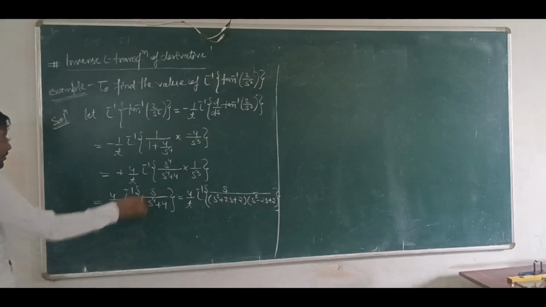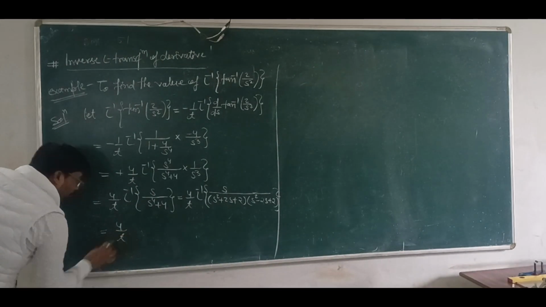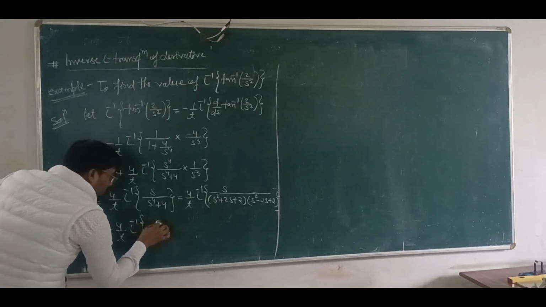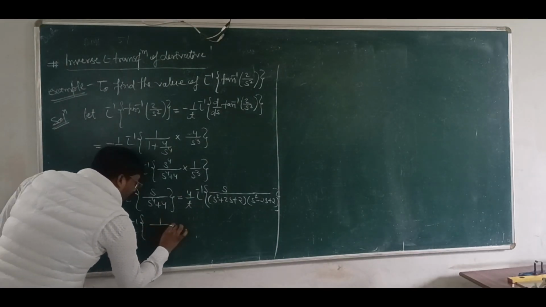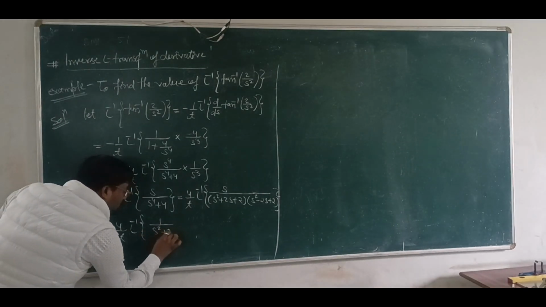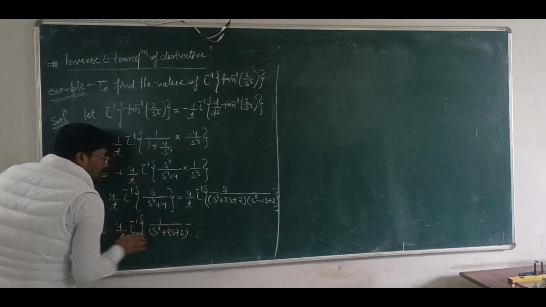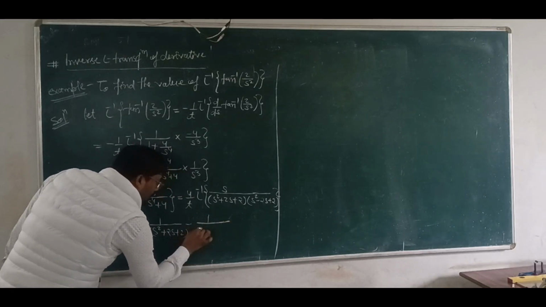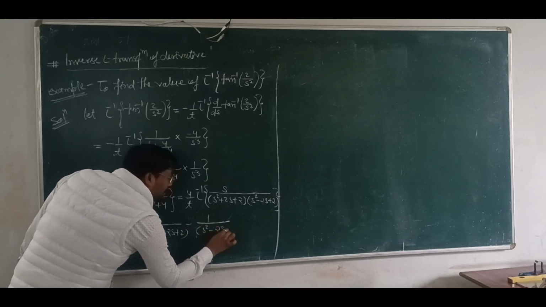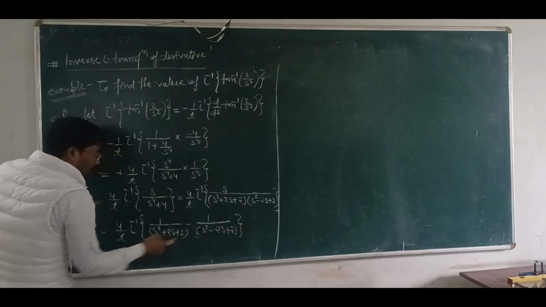Now to break it into partial fractions: 4 by t L inverse of 1 upon (s square plus 2s plus 2) minus 1 upon (s square minus 2s plus 2). Now you can solve this.